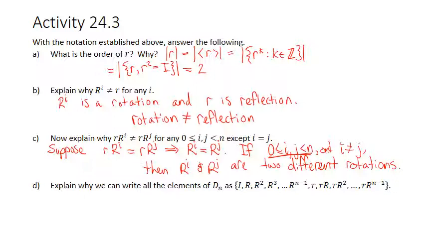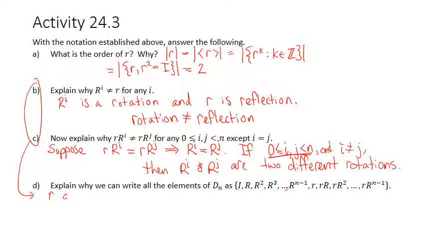Okay, explain why we can write all the elements of the dihedral group as I, r squared, r cubed, dot dot dot, up through r to the n minus 1, and then little r, little r big R, little r big R squared, dot dot dot, up through little r, big R to the n minus 1. I think this is coming from parts B and C, so it's relying on those.